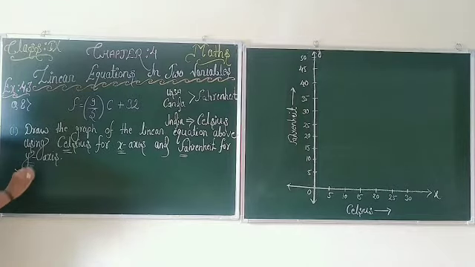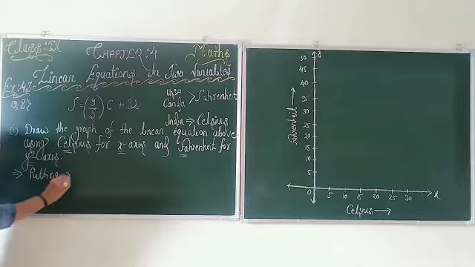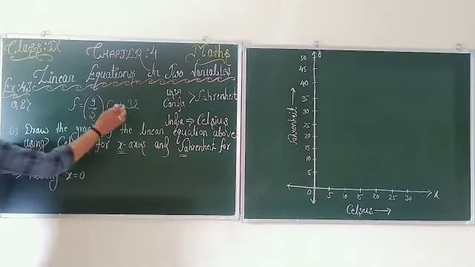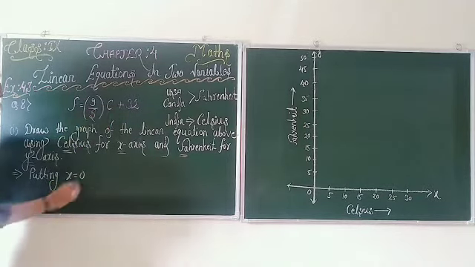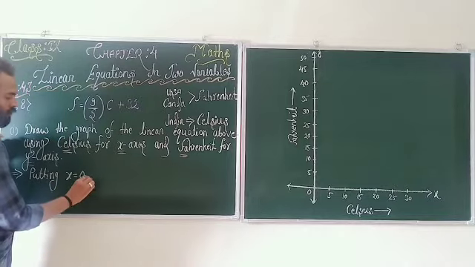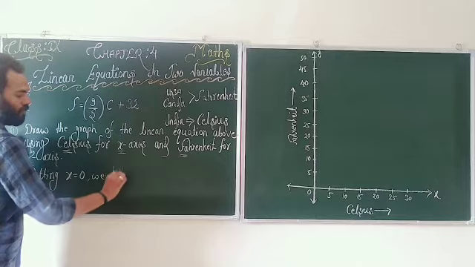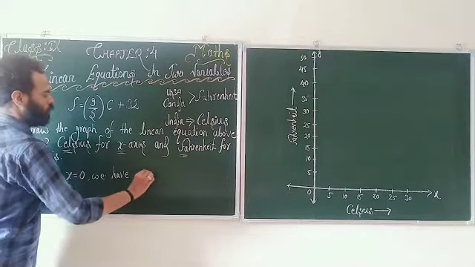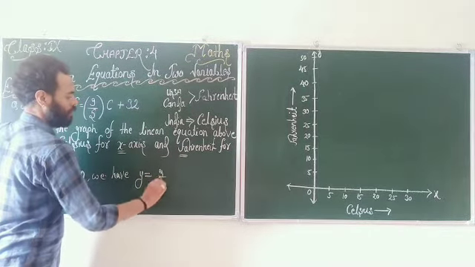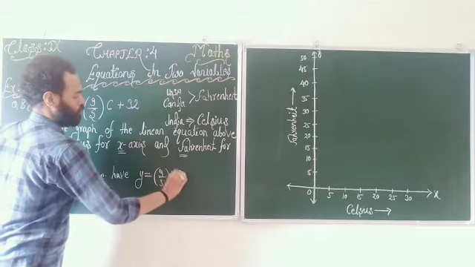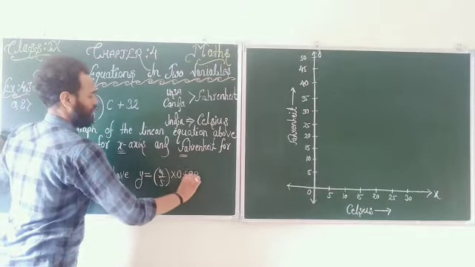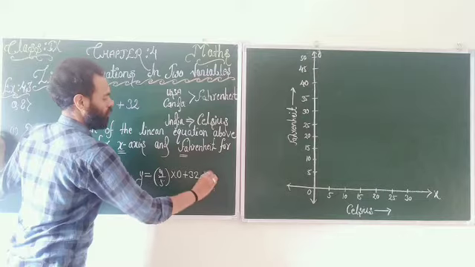If we put x is equal to 0, that means Celsius is 0, so we have y is equal to 9/5 into 0 plus 32. So we get y is equal to 32.